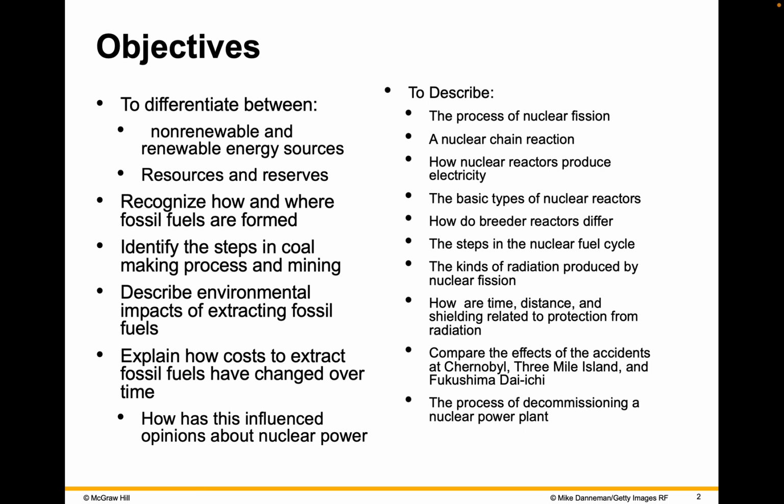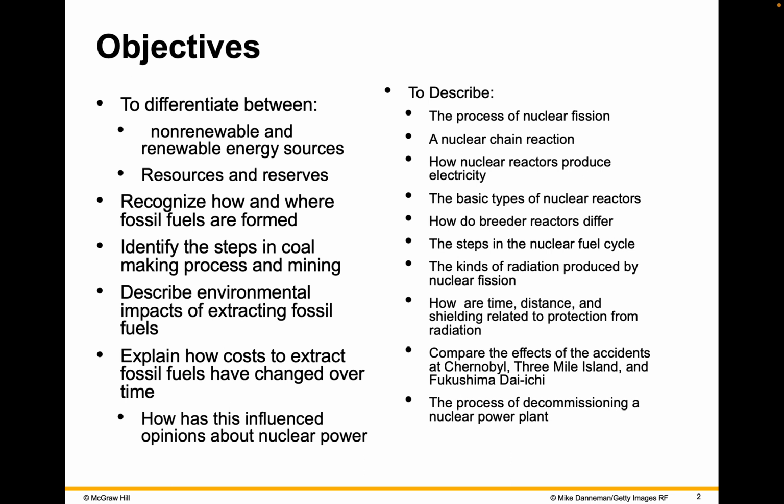For nuclear power, our objectives are to describe the process of nuclear fission, describe a nuclear chain reaction, describe how nuclear reactors produce electricity, describe what the basic types of nuclear reactors are, how breeder reactors differ from those, and describe the steps in the nuclear fuel cycle.